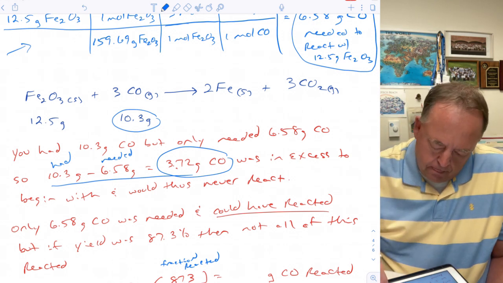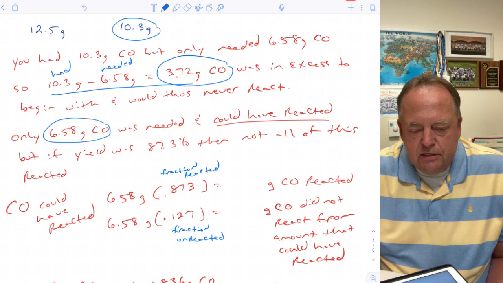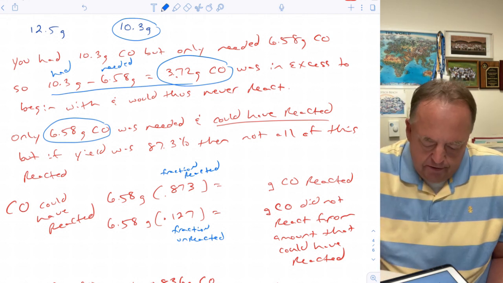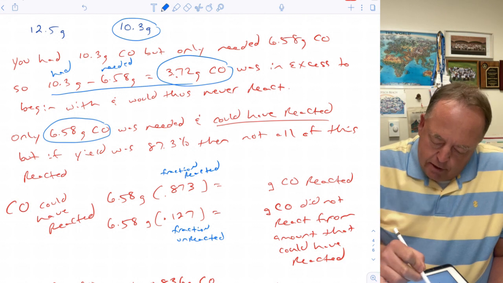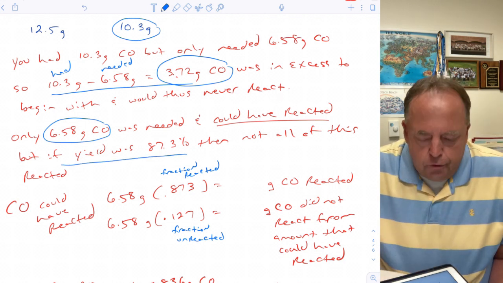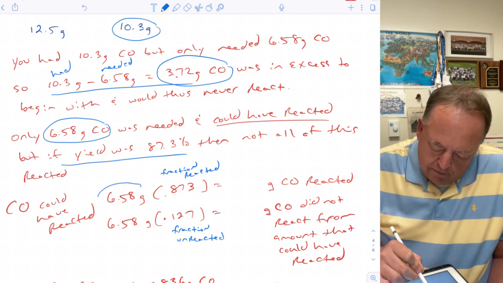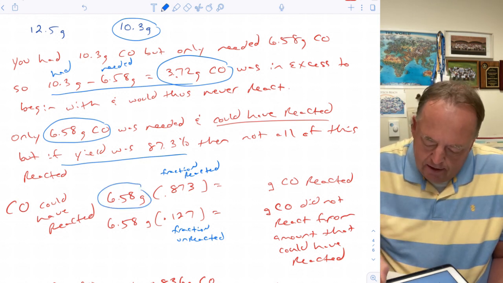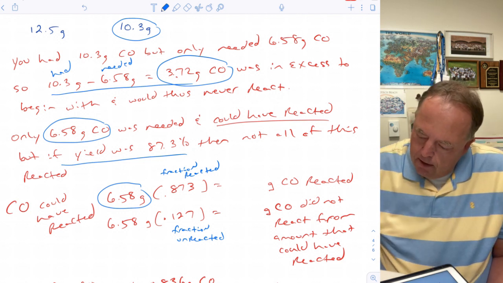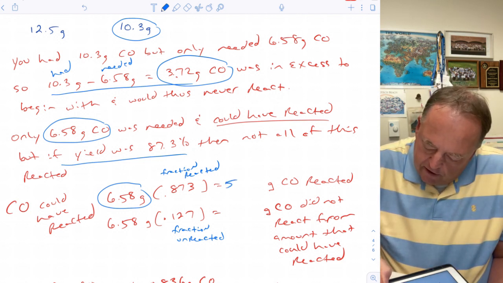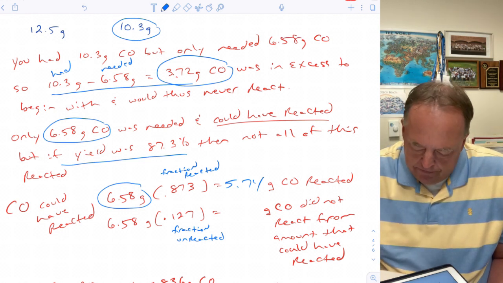So what we want to do now is use that 6.58 grams of CO that could have reacted if all of the Fe2O3 reacted. But it did not. It was only 87.3% yield, so it did not all react. So we can take that 6.58 grams that could have reacted and multiply by 0.873, and that would give you 5.74 grams of CO actually reacted.